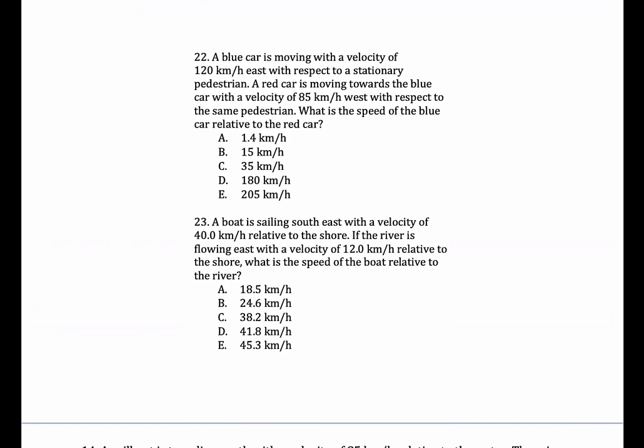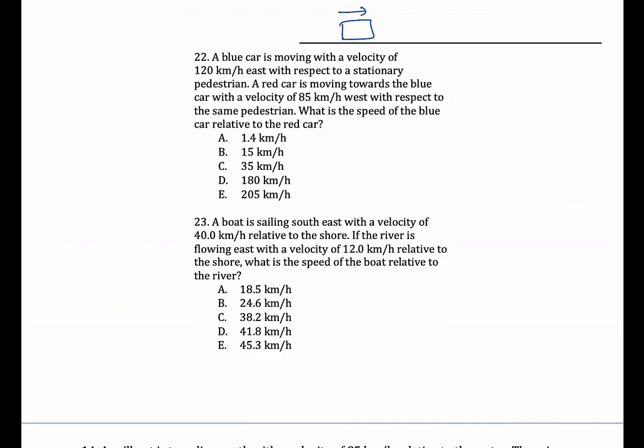If you want, you can pause in order to read the question. We have a blue car moving on a road with a speed of 120 kilometers per hour east with respect to a stationary pedestrian, with respect to someone that is not moving. Another car, a red car, is moving towards the blue car with a speed of 85.